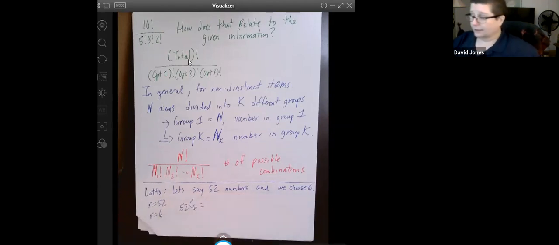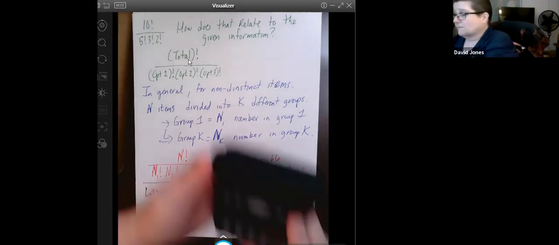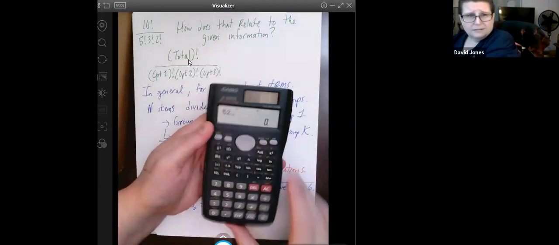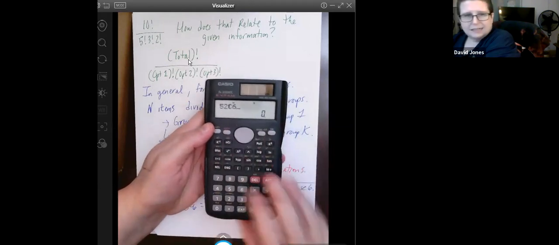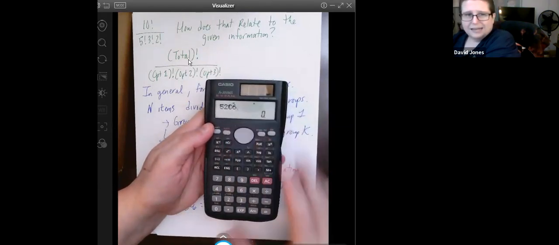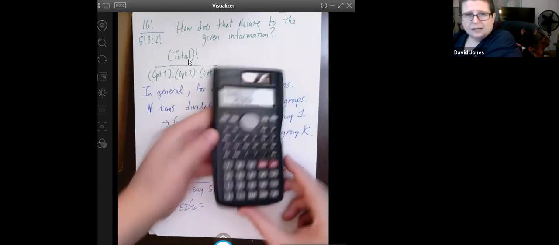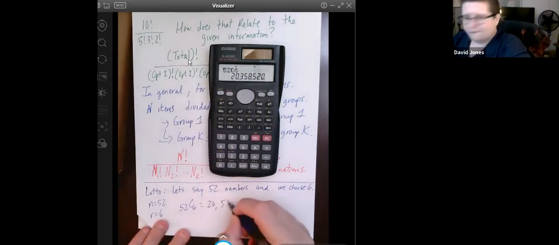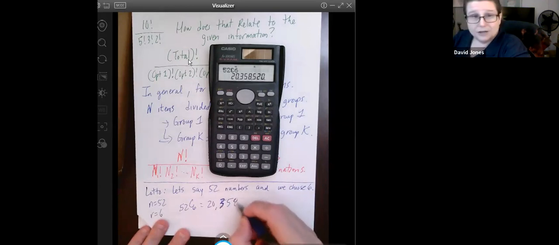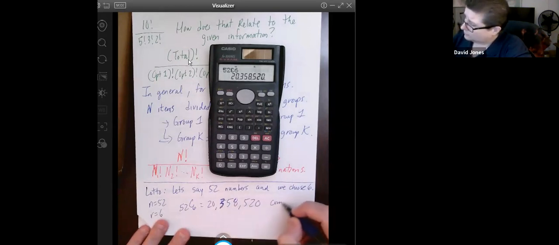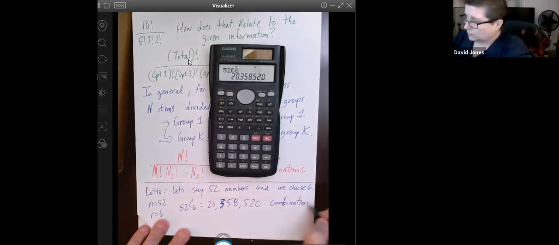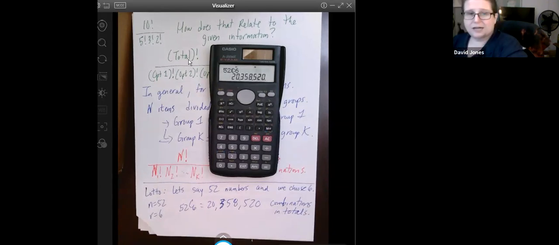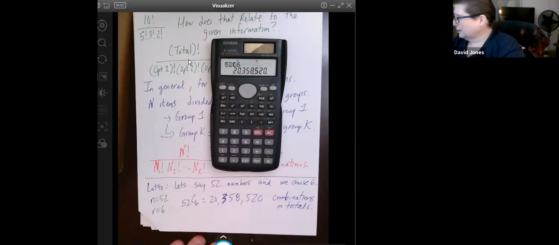Probably easier in a calculator. 52 nCr 6 shows a C on the calculator. See that? 20,358,520 combinations in total. That's the total number of ways 6 numbers can be chosen out of 52, where order doesn't matter.